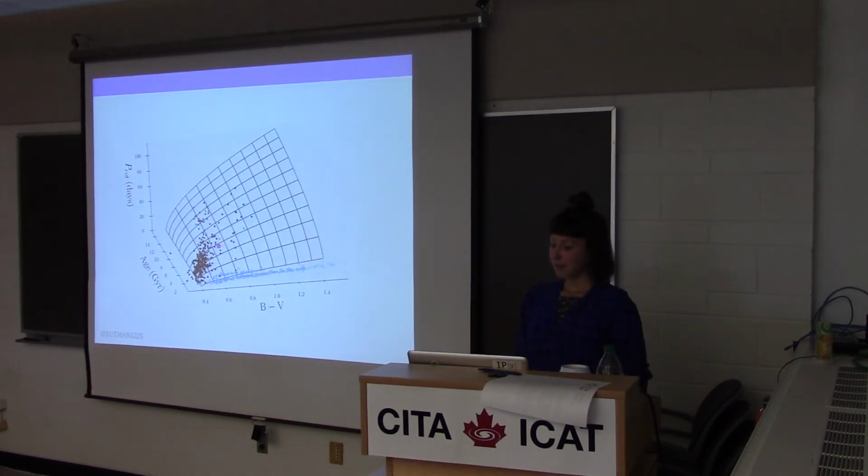I said at the beginning that there were 500 solar-like stars observed by Kepler with short cadence data. However, only 300 of those stars had rotation period measurements. And of those, not all of them were the right temperature.